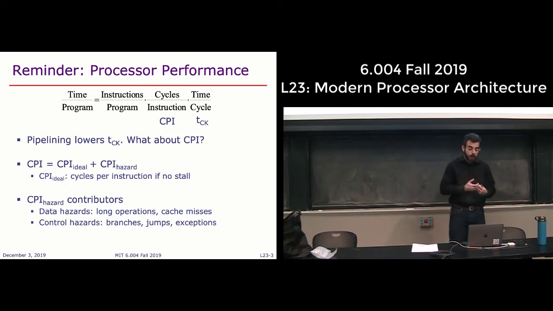It might also need a memory value that comes from a cache miss, and so that instruction may be waiting for tens or hundreds of cycles for the data to become available. And then control hazards happen every time we have an instruction that needs to redirect the control flow of the program, any instruction that sets the PC to something that's not PC+4.